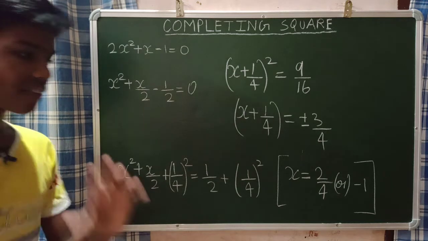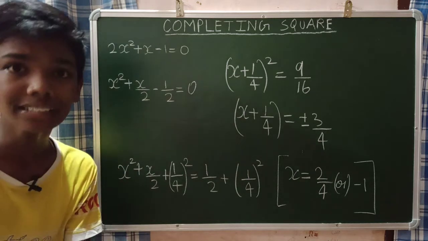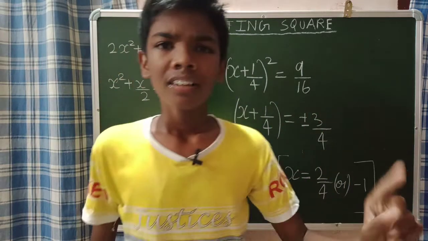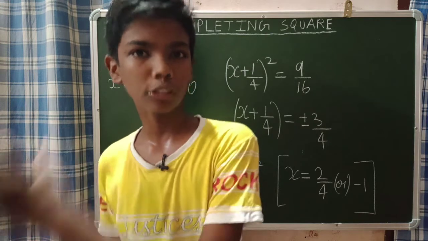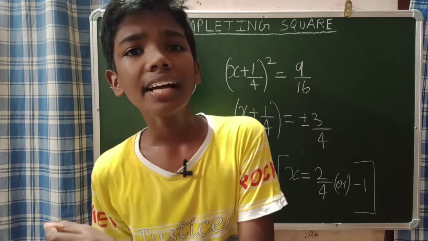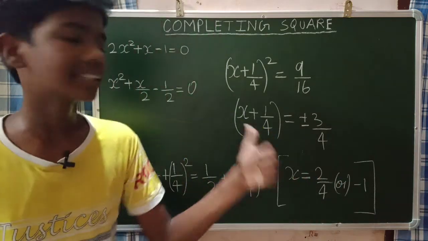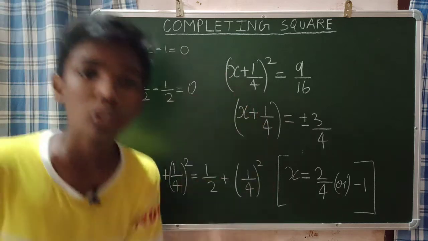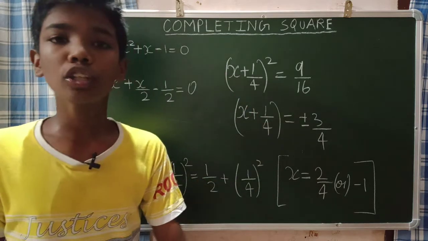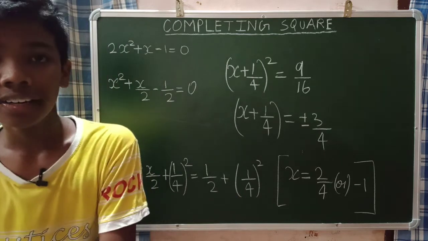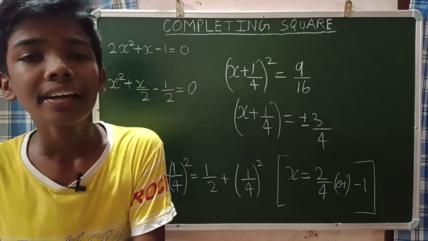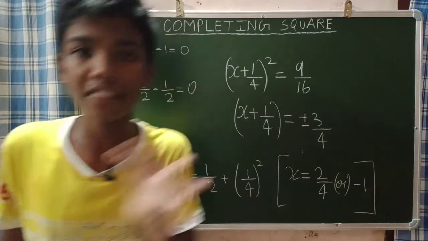So from the first, I will give the summary, guys. The first step that I did is check whether the equation is of the form x square plus bx plus c is equal to 0. After that, find the coefficient of x square. If it is not 1, divide by that coefficient on both sides of the equation.